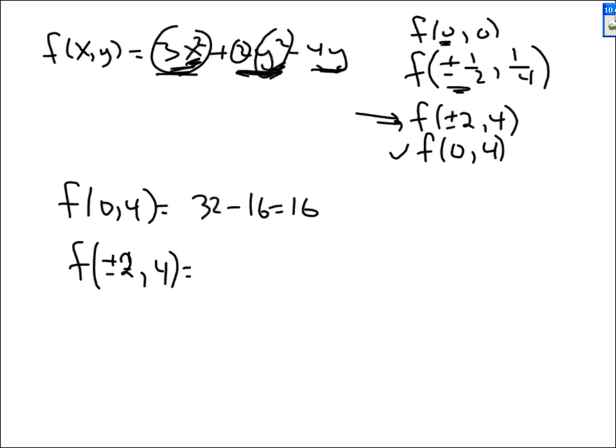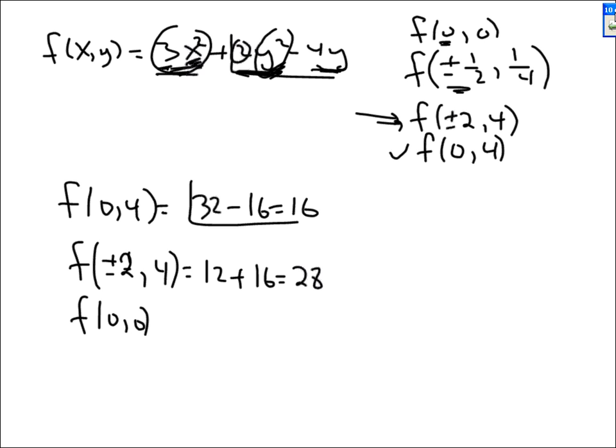You square plus minus 2, you get 4. You triple it, you get 12, plus the rest happen to just be this. Plus 16, 28. Okay. f of 0, 0 will be 0.